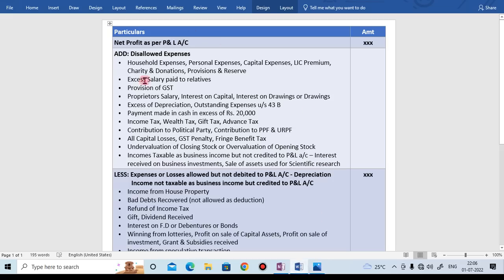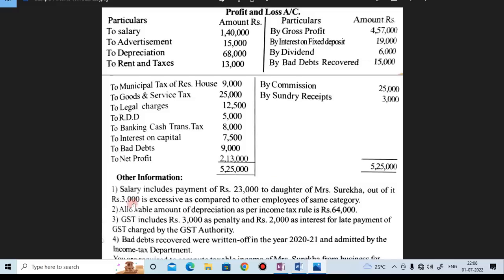So if you check the format, you will see that in disallowed expenses there is excess salary paid to relative. Sureka's daughter is a relative of the owner, Sureka. She is getting an extra salary of 3,000.